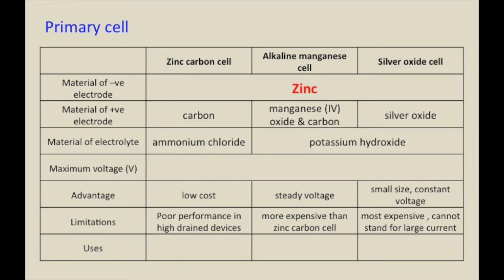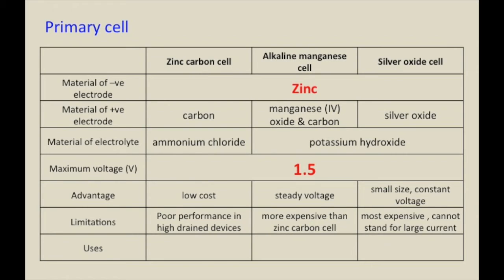So you can understand why you are highly recommended not to break the chemical cell or dry cell, because if you use an alkaline manganese cell or silver oxide cell and you break it, then the potassium hydroxide will come out, which is highly corrosive. Okay, and all of them have the same voltage, which is 1.5 volt.